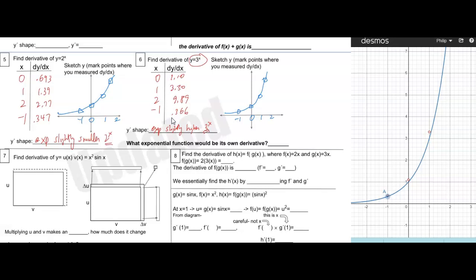So if you found a value between 2 and 3 that was at just the right level, can you imagine that you would get a derivative function that would be exactly the same as that base? So what's a special number that is between 2 and 3, closer to 3 than 2, right?